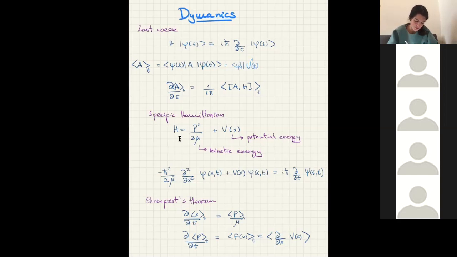Because it's the bra, the complex conjugate, it comes out here, and then on the right again we had the wave function at time t, evolved by some time t, where we know that in this case this is minus i t over h bar, something like this.